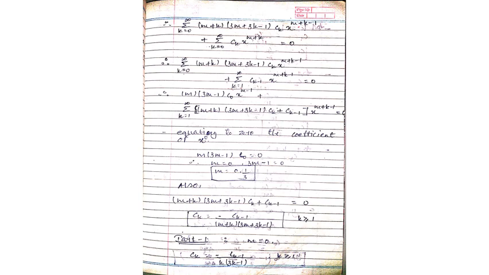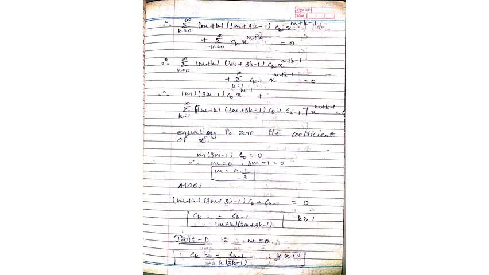Okay, next step. Now see if any terms have a similar power or not. The first two terms have a similar power, that is m plus k minus 1. So take out the common factor if there are similar terms.